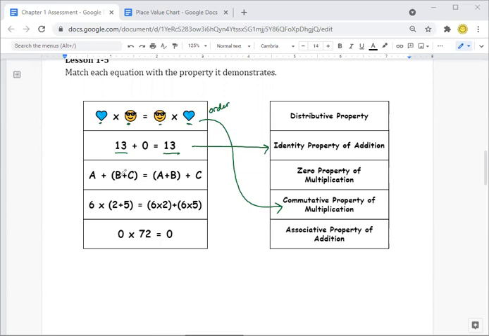So let's say here Jen and Mike got together first, and then they got together with Colin. But over here, Colin and Mike got together first, and then they got together with Jen. But all in all, they still are all together in the end. They associate with each other. The groupings have changed, and that's the associative property.